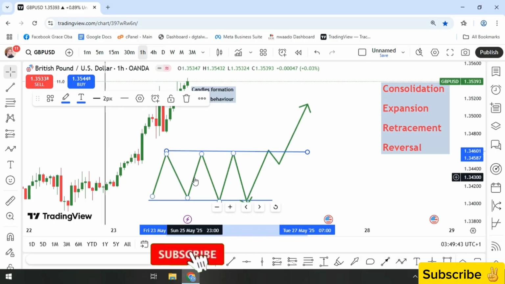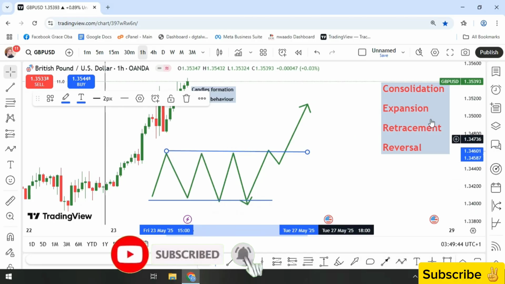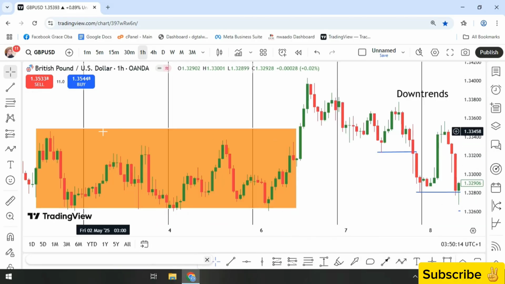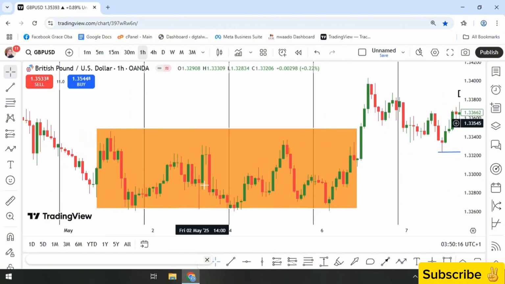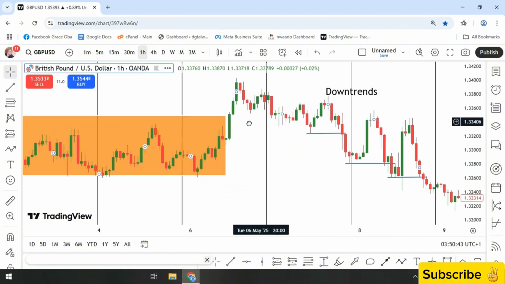So for the expansion, after consolidation comes the expansion. So from here, you can see that after this consolidation, price behavior is now showing willingness to expand in the upward direction, and it actually did expand above this range, right? Before it started declining downward.